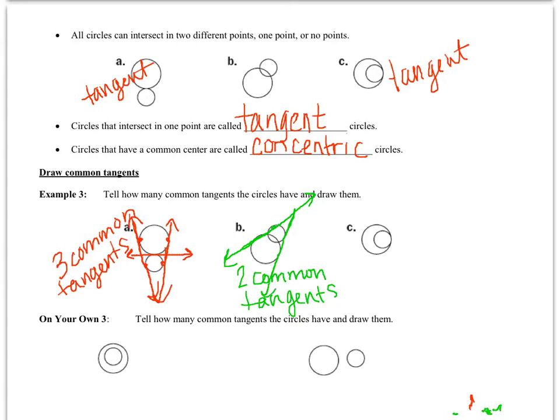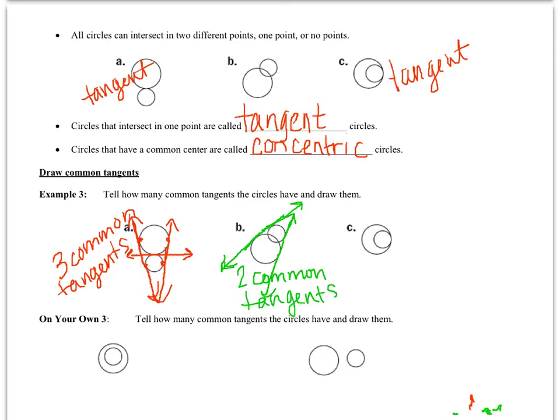So 2 common tangents, 2 lines that touch in exactly one spot. I'm going to erase that one and try and draw it a little bit better here for you. Okay, so that one looked pretty decent. That's a little bit better. So there would be my two common tangents.